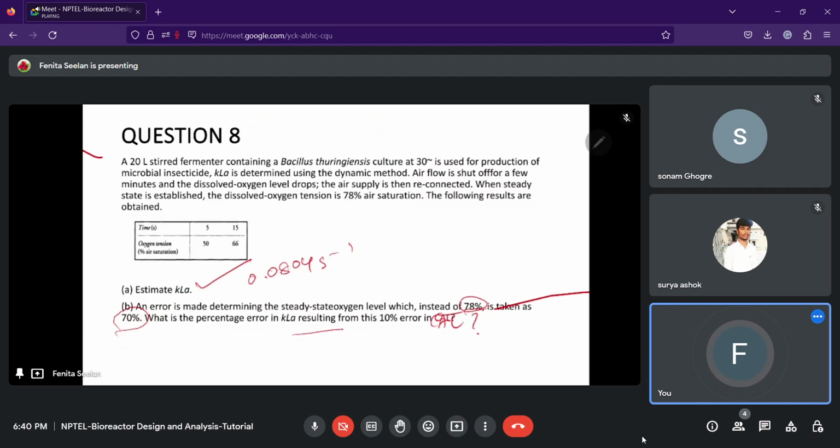If we make any error in measurement, this much difference would result. That is why measuring your steady state oxygen level while calculating KLA is very crucial. While measuring, we should be very careful, and it is not an easy task either.